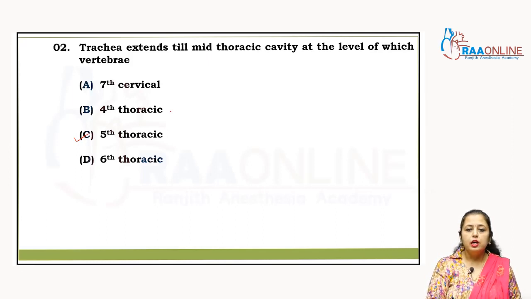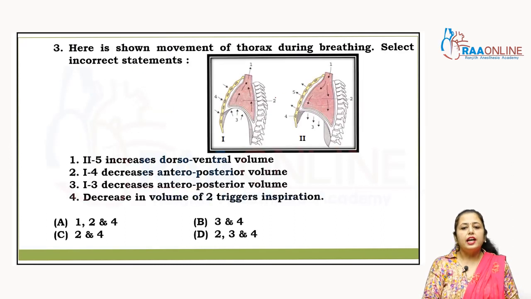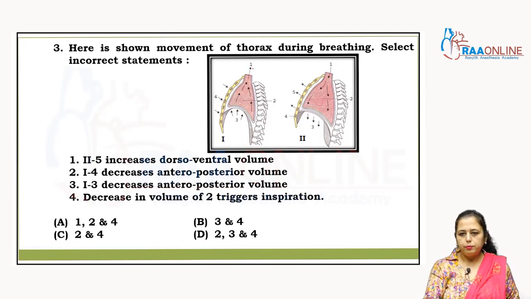Fifth thoracic vertebra. Clear? Now come to this diagram of expiration and inspiration, that is exhalation and inhalation, right? Here the movement of the thorax during breathing is shown. Select the incorrect statements, right? When we take the first diagram, what will happen?